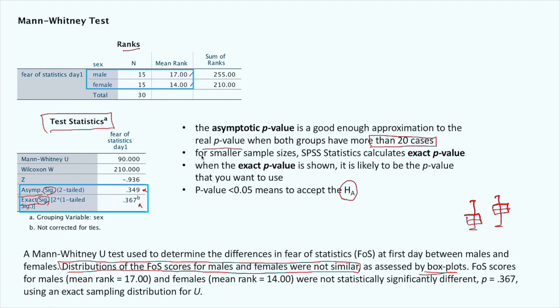And here it becomes, for example, the fear of statistics scores for male and female, and here you report the mean rank as you have here, and they were statistically significantly different. And as you see, you are using the distribution because of the not-the-same distribution, so you are evaluating the distribution.